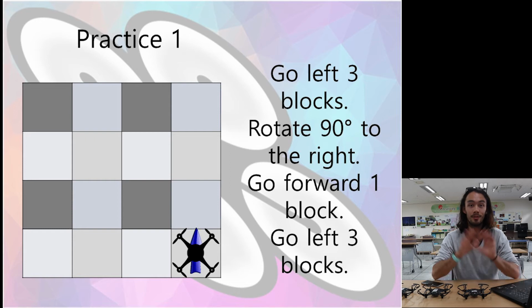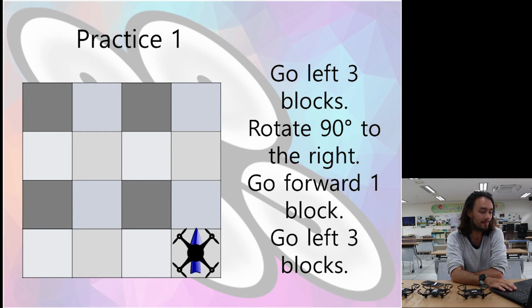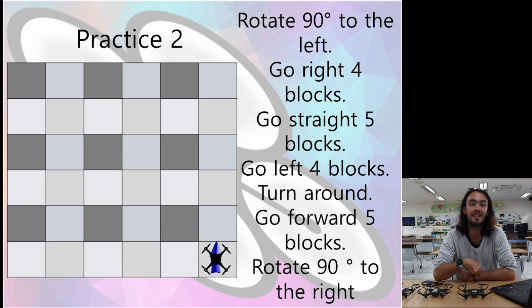Okay, so I'm just going to pause and you can read it for yourself, and then I want you to draw down the arrows on the piece of paper. So I'll give you a few seconds. Okay, if you need more time, then just pause the video until you're finished, and then we are going to do practice number 2.